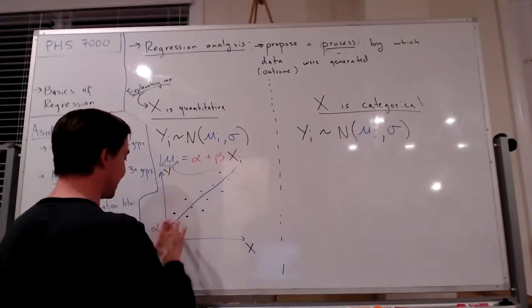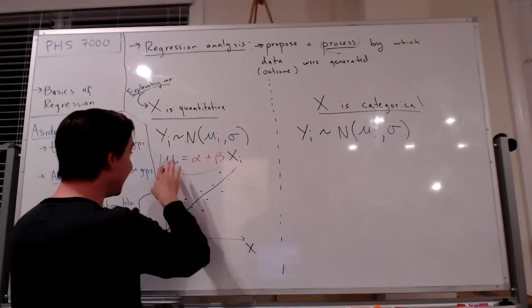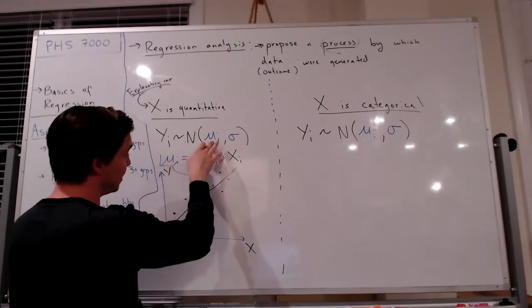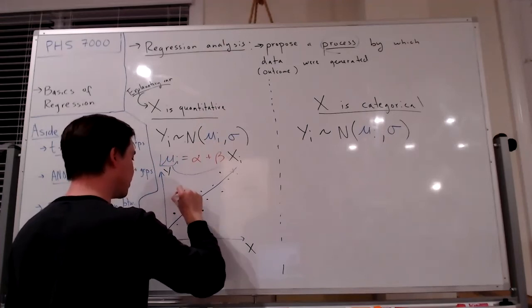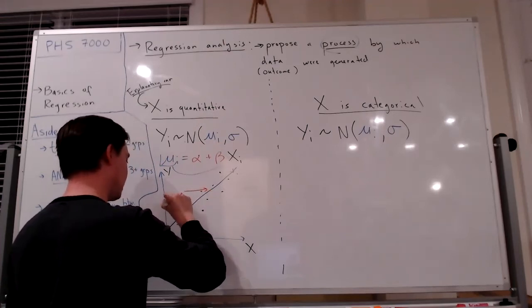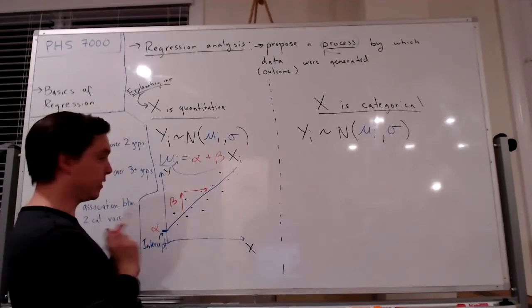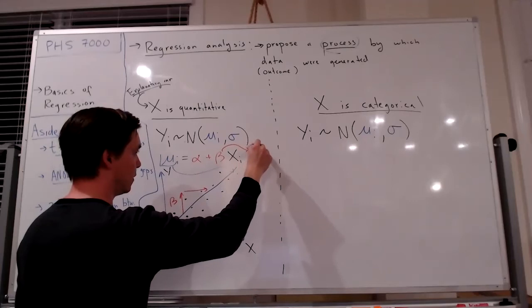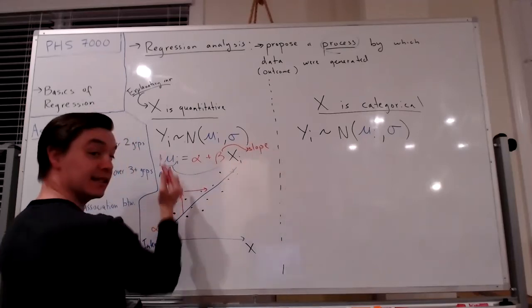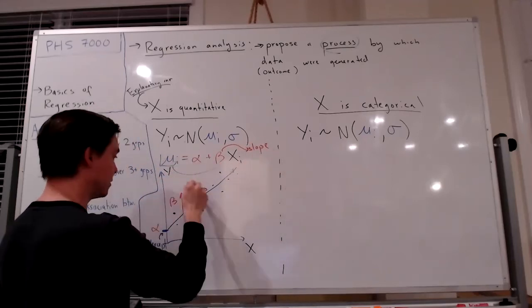This perfectly straight line is the varying mean that is then plugged into this distribution. This line has a slope of beta, right? Beta is the slope. Rise over run, right?